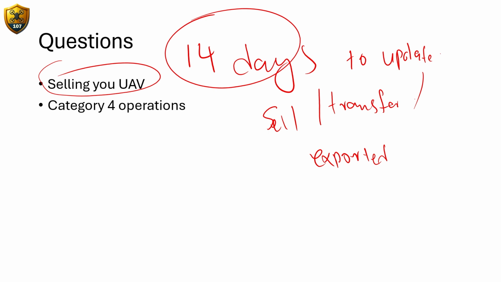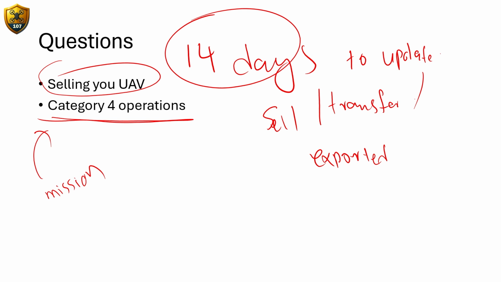And next we will be talking about category 4 operations, right? So for operations without notifying the participants, let's say you are hired to do some mission, and unfortunately you were not able to make the people aware that you are conducting a mission. So you did not notify the non-participants.